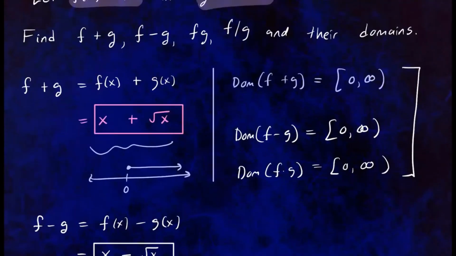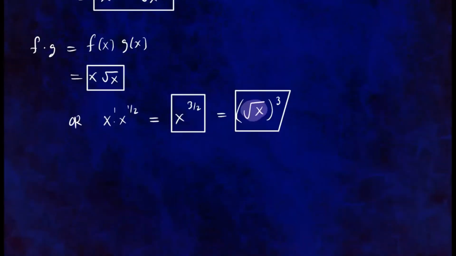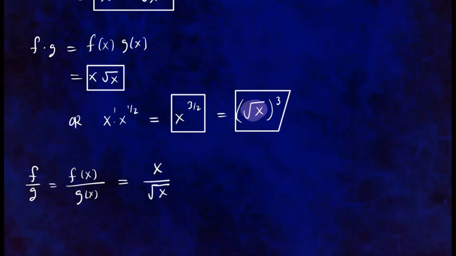Now for f over g, when we divide them, it's going to be a little bit different because we cannot divide by 0. So f over g will be f of x divided by g of x. That's going to give us f of x, which is x, over g of x, which is square root of x. If you want, you can simplify this formula.